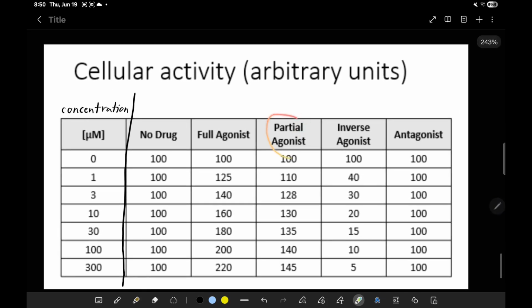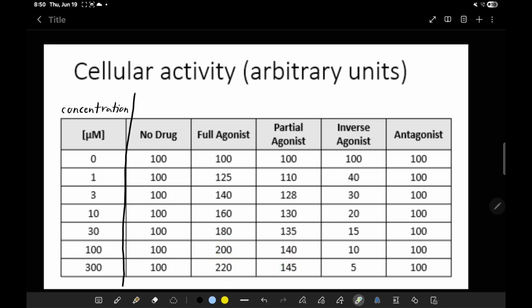Then you have partial agonist. Same thing: as you increase the concentration of partial agonist, response increases and increases. And you can see that both with full agonist and partial agonist, your response increases above your original constitutive activity of 100. But your full agonist's response is definitely a lot higher compared to that of your partial agonist.